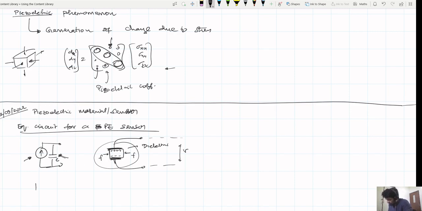Because we are looking at the voltage, we could have said we are modeling it like this, right? A voltage source in parallel with the capacitance. But why do we not do this? And why do we choose this?